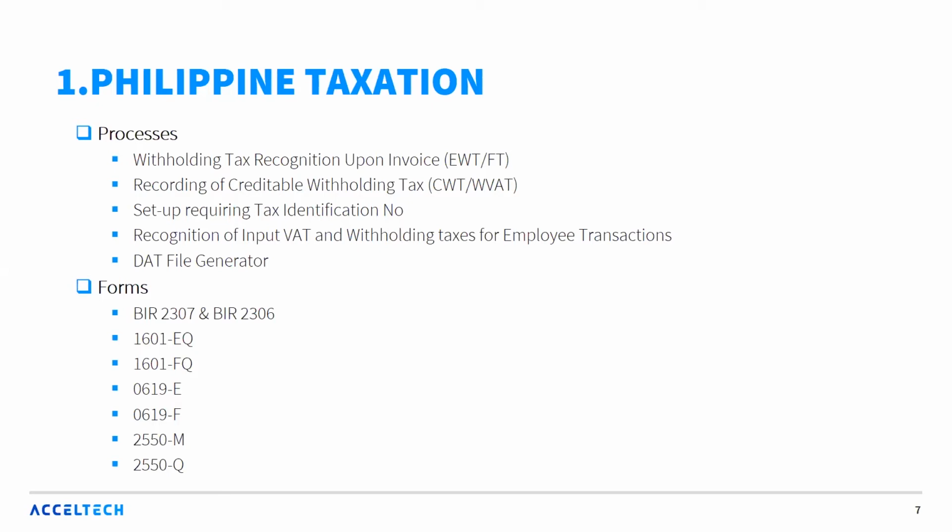And the next one, this is not yet the last one, but it is somewhat related to cash fund management. We also added a feature wherein we can still recognize the input VAT or withholding taxes arising from employee-related transactions. The best example for this scenario is when we are allotting a cash fund or a cash advance to our employees, and these cash advances are intended to be used for business expenses.